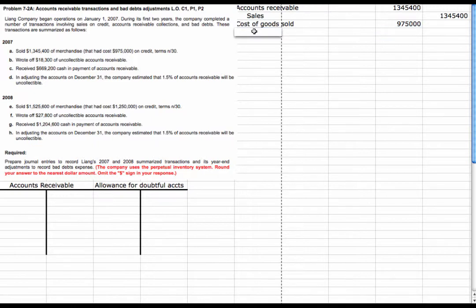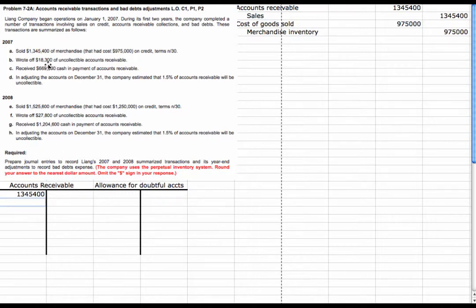So then, after we recognize the cost of goods sold, we have to reduce what we sold, which is the merchandise inventory, for the same amount. Okay, so what we have done right now is that we've increased the accounts receivable by $1,345,400.